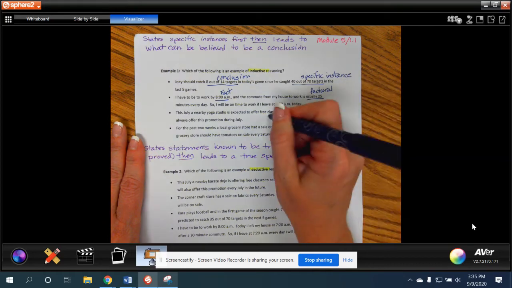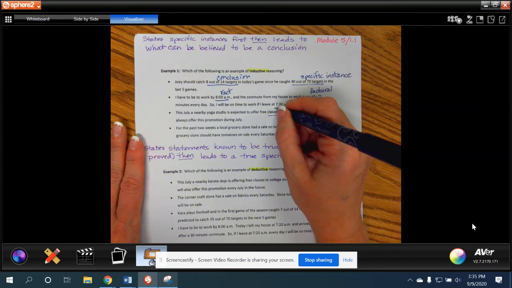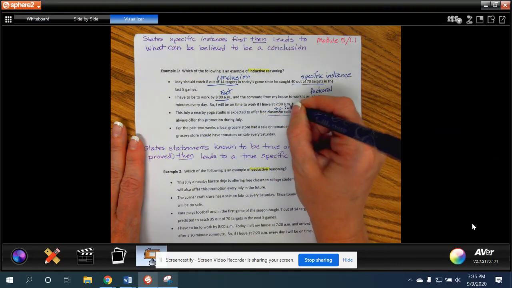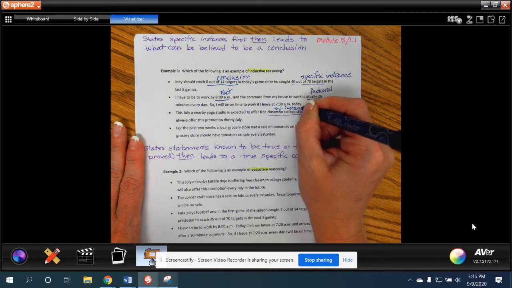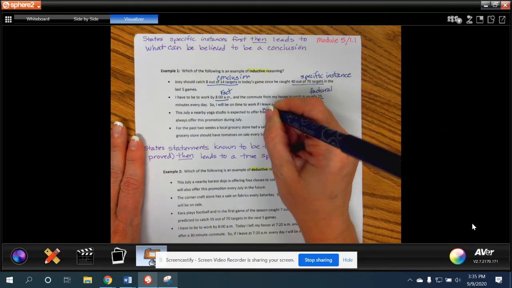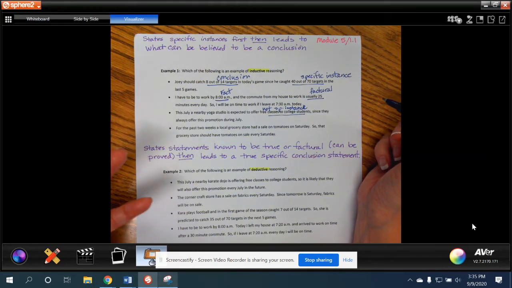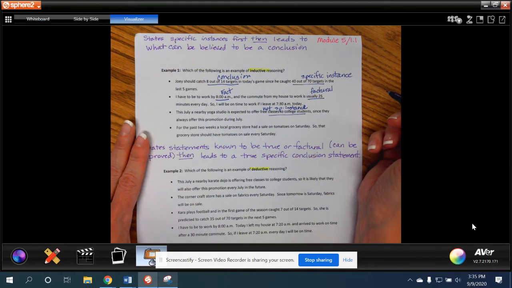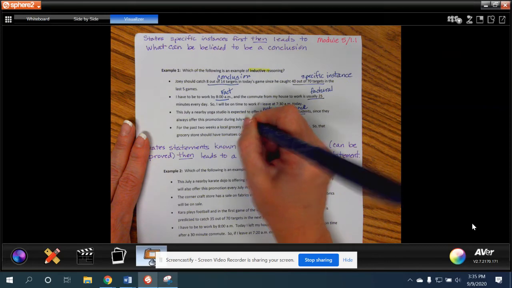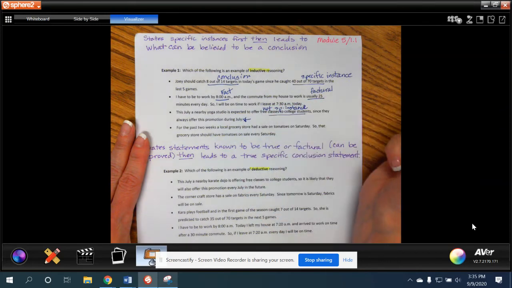This right here is not a specific instance. This is something that is expected to happen. So again, it is followed by the specific instance, but it doesn't start with that. Therefore, it's like the first one. I'm going to throw it out.